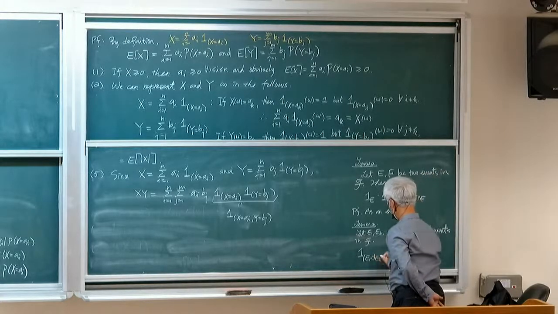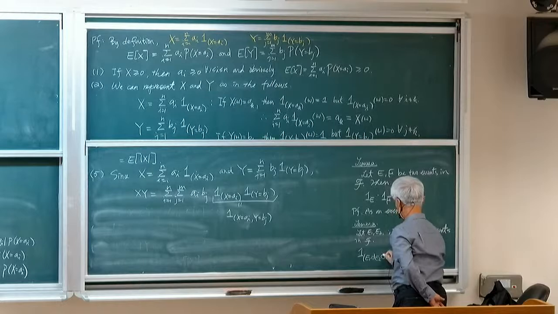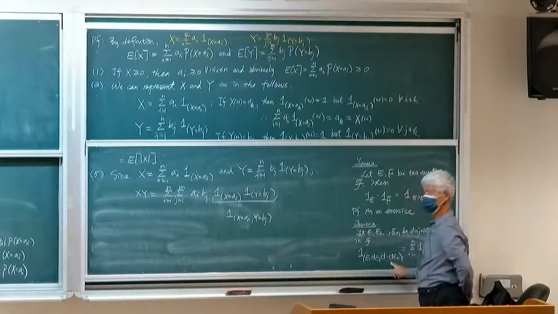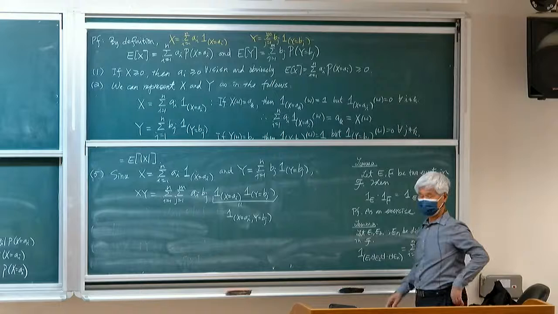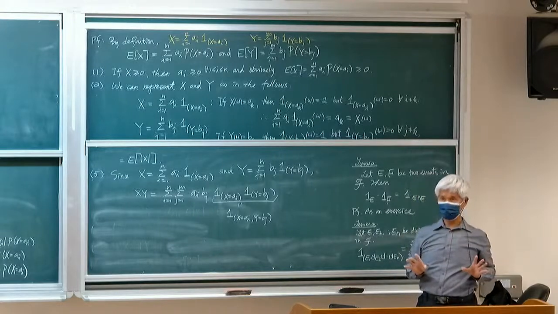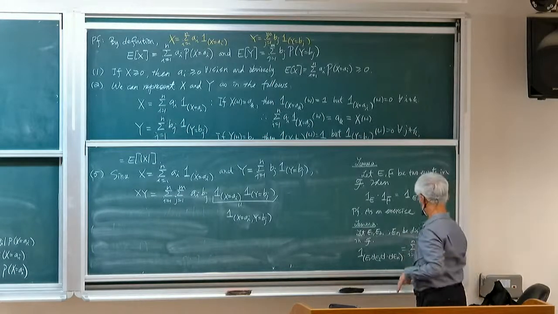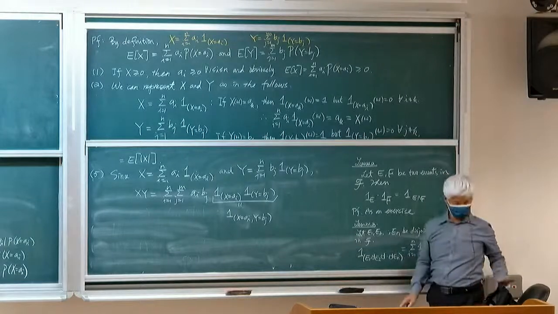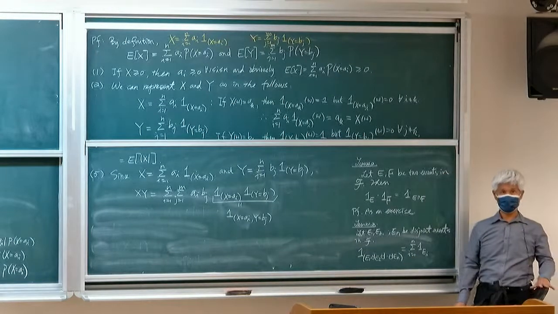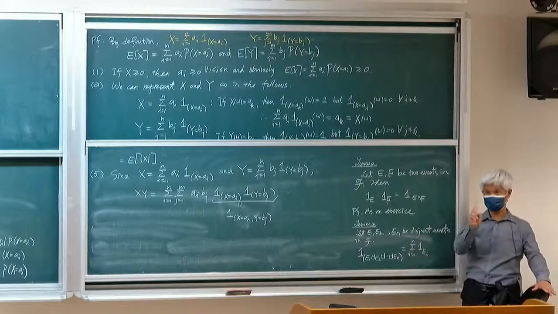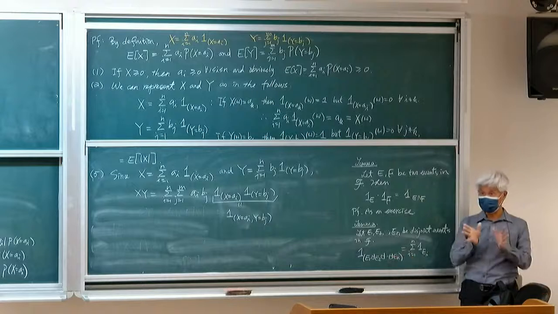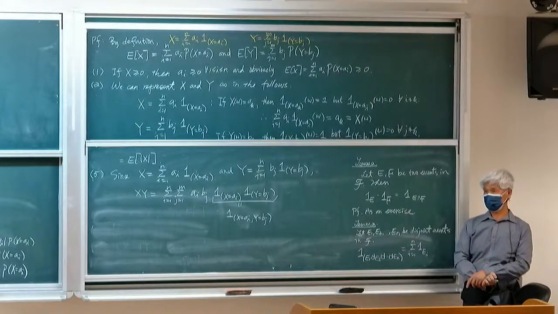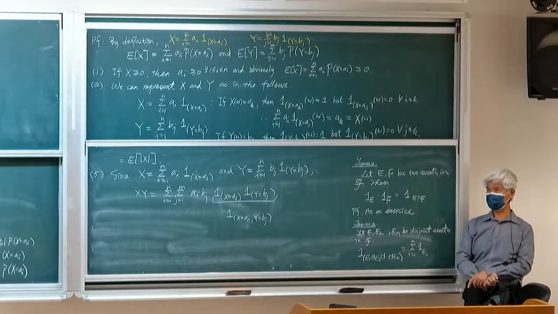So that is for a disjoint union. If E1, E2, up to En are not disjoint, then the identity is not true. This identity is true only if E1, E2, up to En are disjoint to each other.